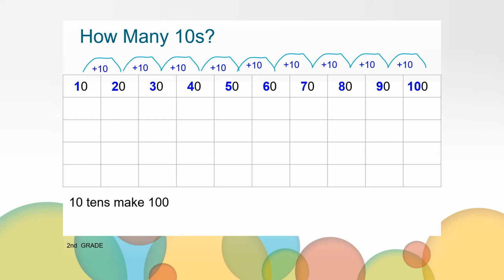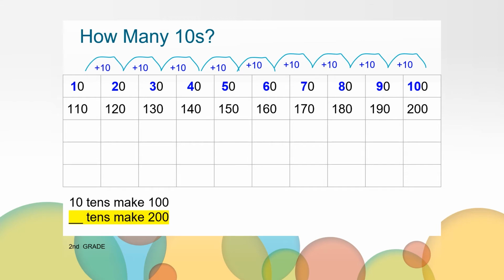Let's keep counting by tens up to 200. 110, 120, 130, 140, 150, 160, 170, 180, 190, 200. How many tens make 200?